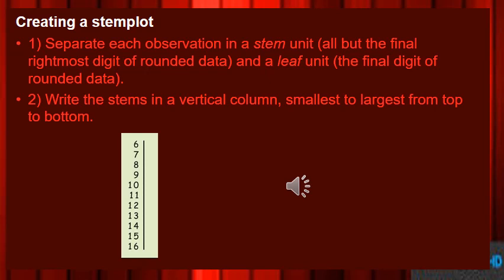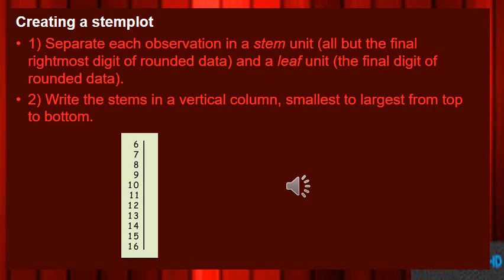So you start like that. You put these digits on the left of your line. If my observations range from 60 to 169, my stems will range from 6 for 60 to 16 for 169. I put the smallest on top and the largest at the bottom.